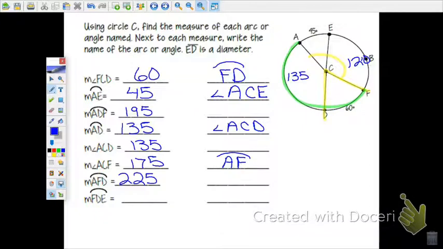Or we could take the minor arc, the 120, and subtract from 360. Either way, we're going to get an answer of 240. And again, because it's a major arc, can't look at a central angle that connects with it.